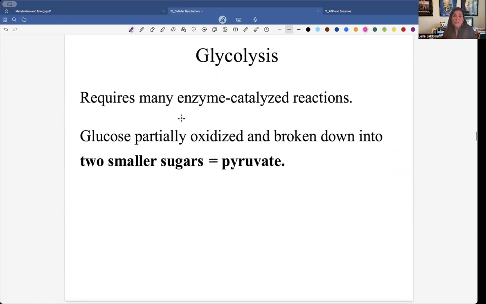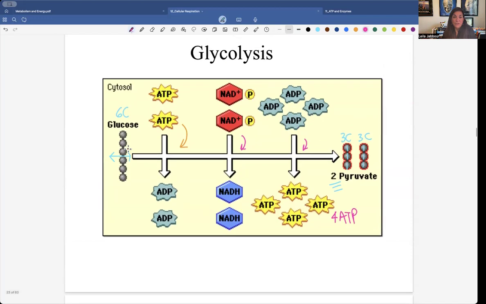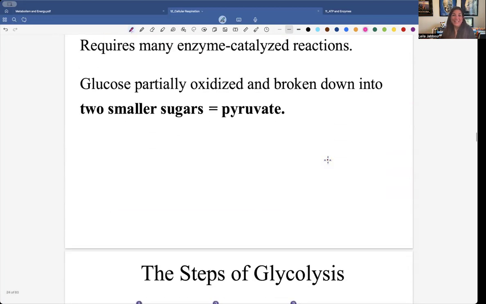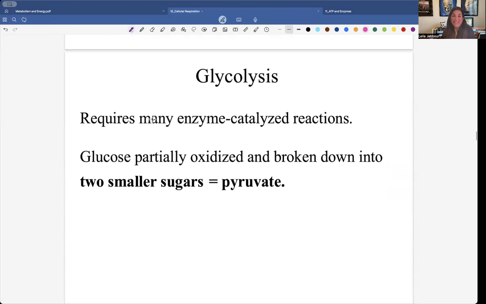So glycolysis itself, you see just this one big long line, but it's actually many little lines. It's a series of many enzyme catalyzed reactions. There are many little reactions taking place, one after the other, after the other. Every reaction has its own enzyme, very specific to that particular substrate.